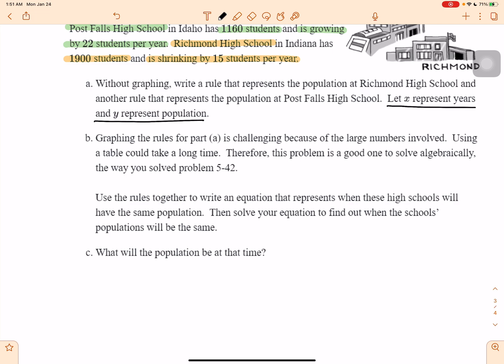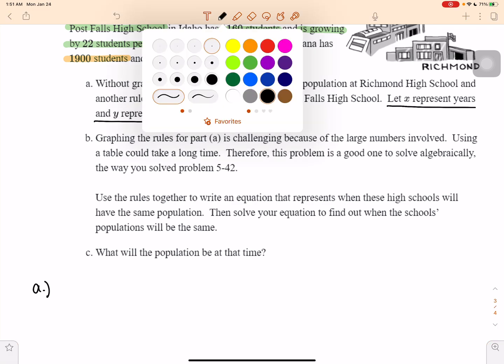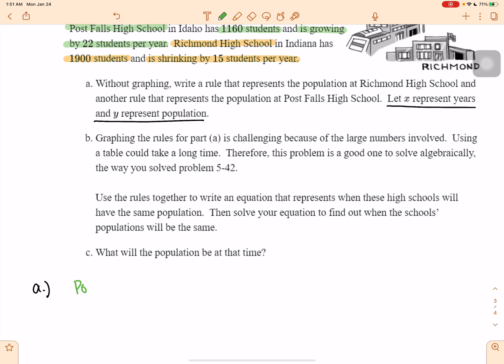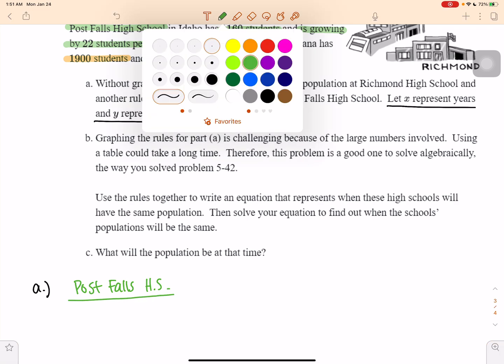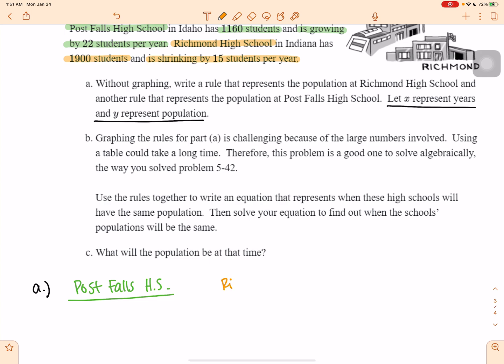Okay, so we're going to do part A down here. So we have two high schools. We have Post Falls High School, and we have Richmond High School. And let's just remind ourselves about what a linear equation is.